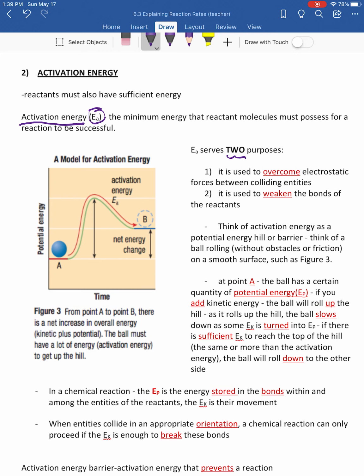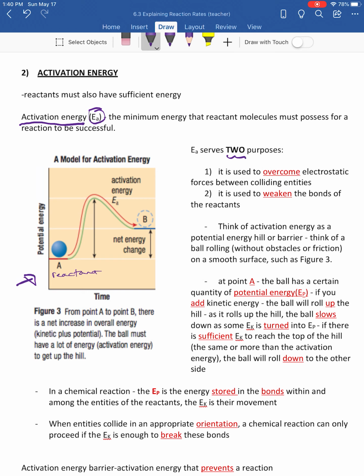All right. So let's take a look at this little graph here. We have potential energy on the y-axis, time on the x-axis. Potential energy, don't forget, is found within bonds. We talked about this in earlier lessons. You've got your reactants here in A, and you've got your products here in B. When we're looking at our reactants just sitting there, nothing's happening, they're perfectly stable.